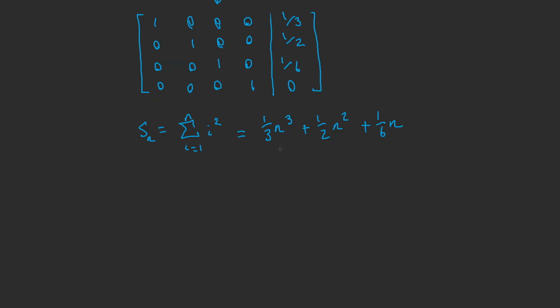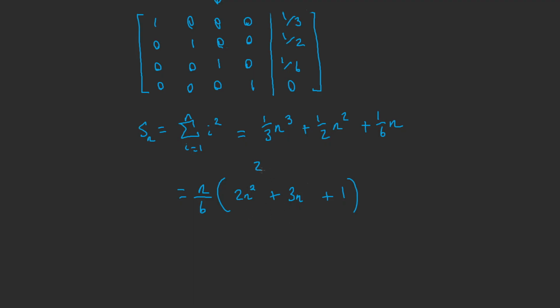Now, one thing to note is that we can reduce this. So I could factor out an n over 6 here. And so this is equal to n over 6 times, and then what am I going to get? Here I'll get 2n squared plus 3n plus 1. And now I can actually factor this quadratic as well, because I could split the middle here.